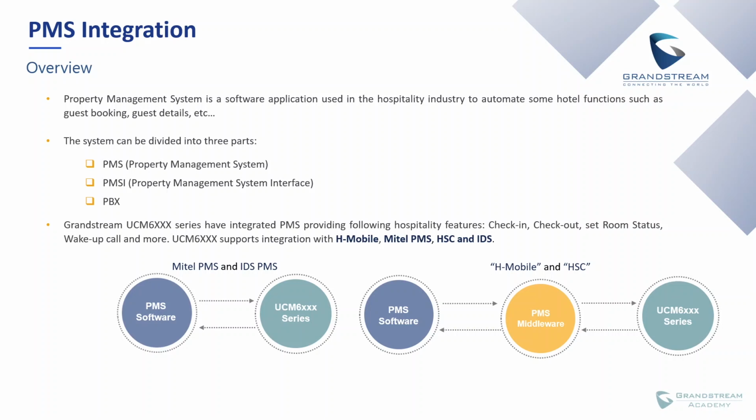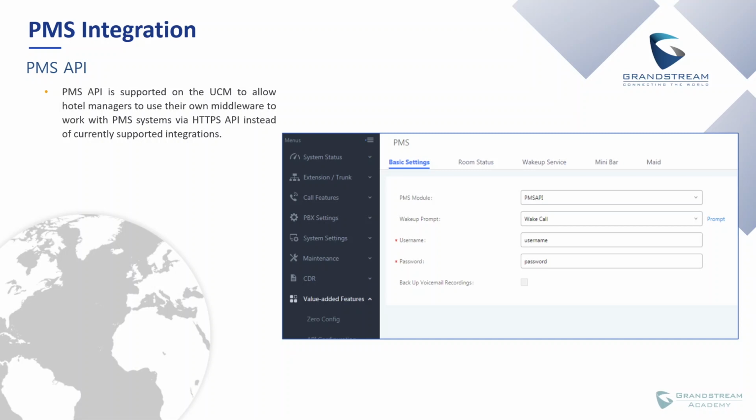The communication flow, as you can see in the figure, can be either done directly or through a middleware, and the middlewares that we support are HMobile and HSC, and for the direct integration we support Mitel PMS and IDS PMS. I should also point out that we have an API for the PMS.